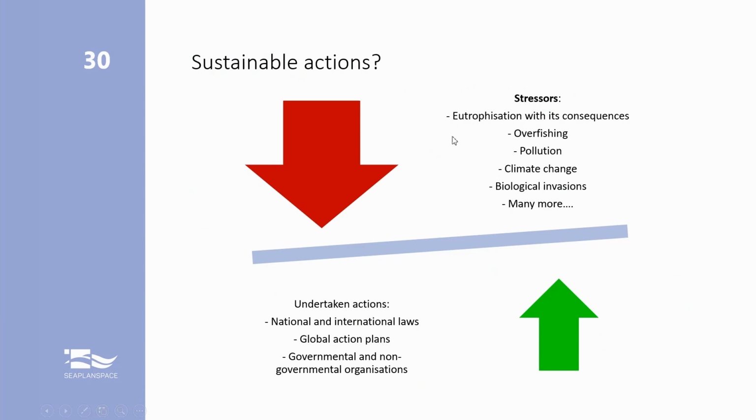And the stressors are eutrophication, overfishing, pollution, climate change, biological invasions, and there are many more. So most undertaken actions appear not to be able to balance the use of marine ecosystems in such a way that it will be a sustainable ecosystem out there.